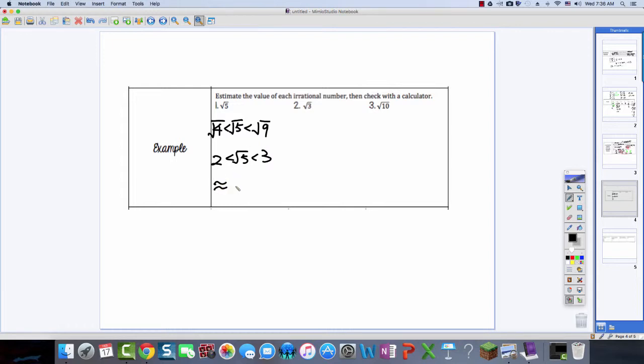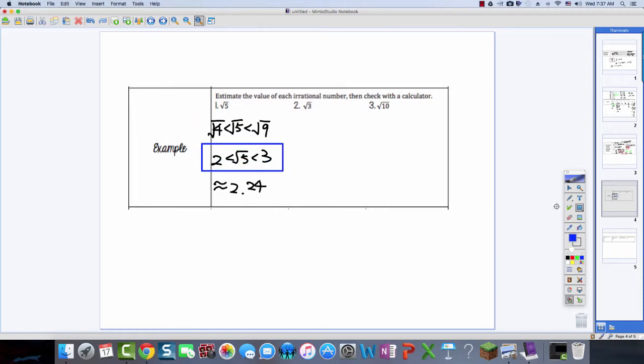And you can also use your calculator and do this. Okay, it comes out to be 2.24. Now, in this practice, I don't want you to use your calculator until the last step. Before you do that, this is the final answer that I want to see.